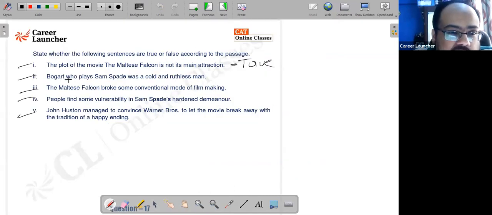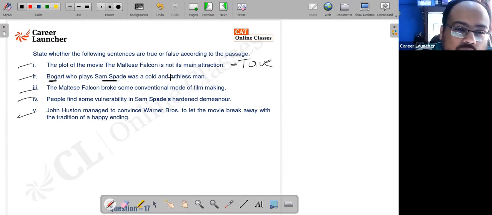The second one says Bogart, who plays Sam Spade, was a cold and ruthless man. Now this is a very interesting option, the way it has been framed. All of you just understand this. As per this option, Bogart is the person who is playing Sam Spade. Please note, it was not Bogart who was cold and ruthless. It is this character that was cold and ruthless.